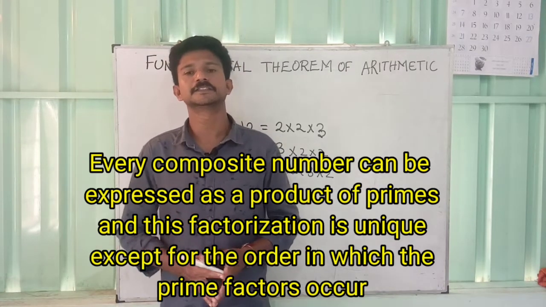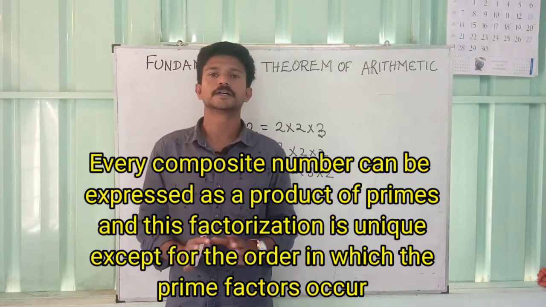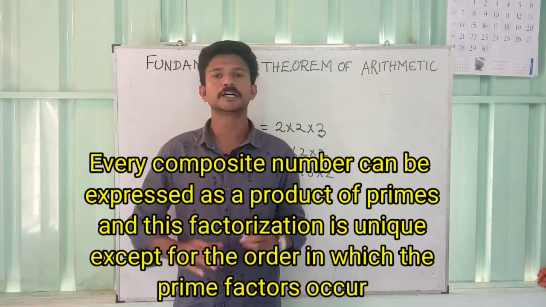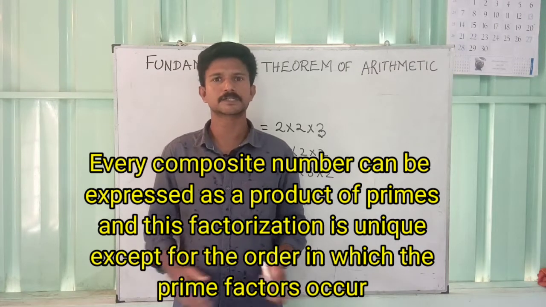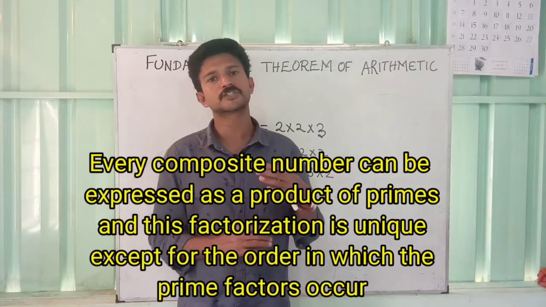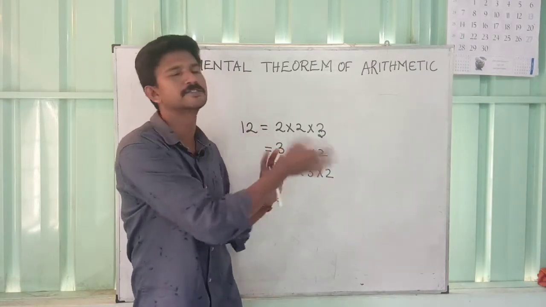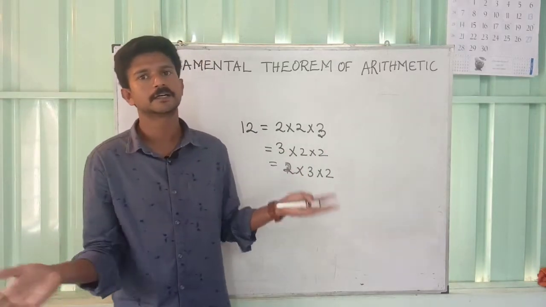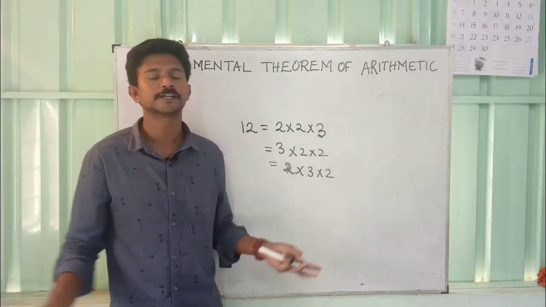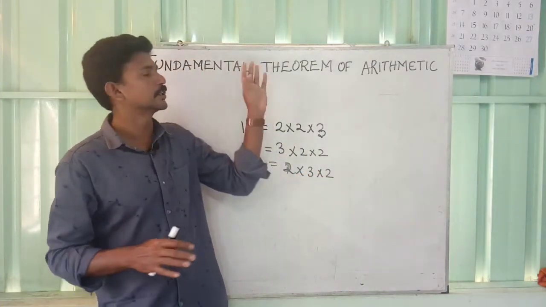So we can write any composite number as a product of prime numbers. This prime factorization is unique, but we can change the order. That doesn't matter, but it is unique; you can't write it in any other way. Now let us do some problems based on the fundamental theorem of arithmetic.